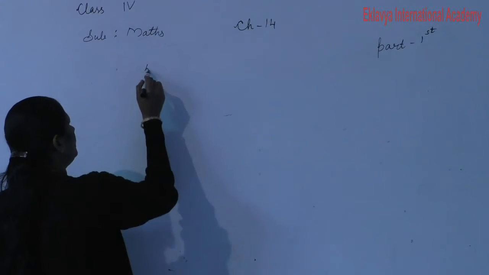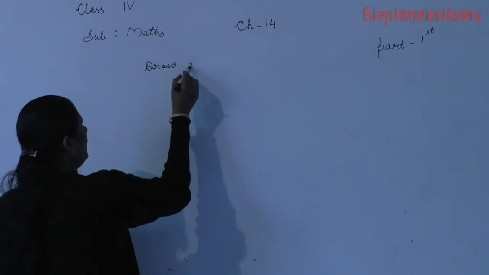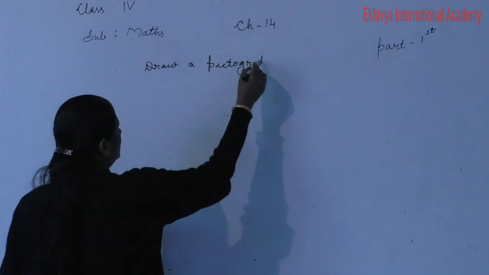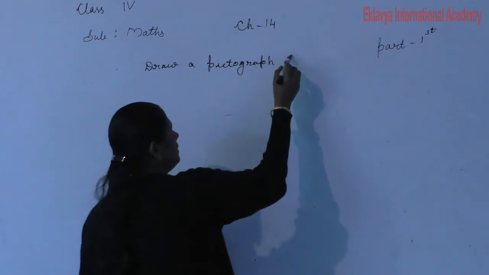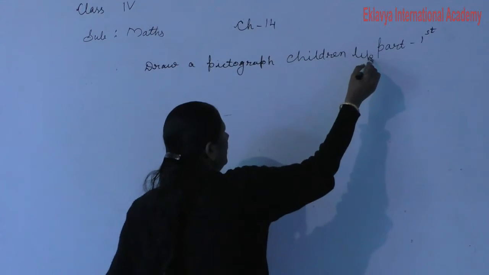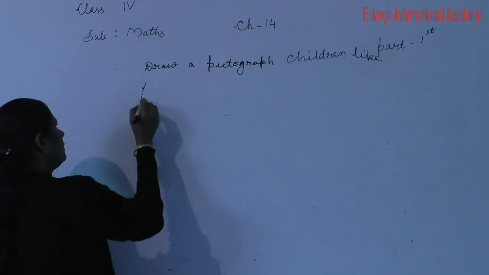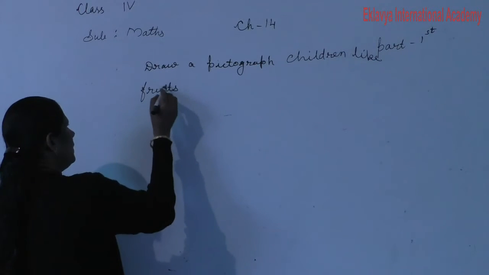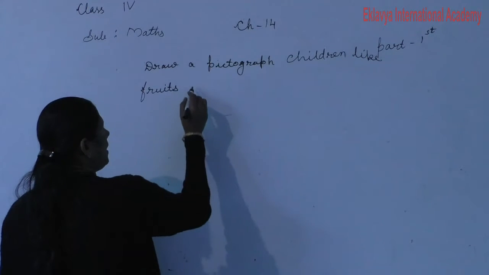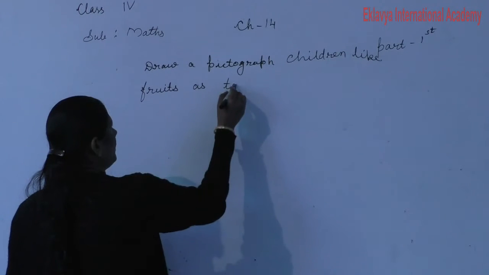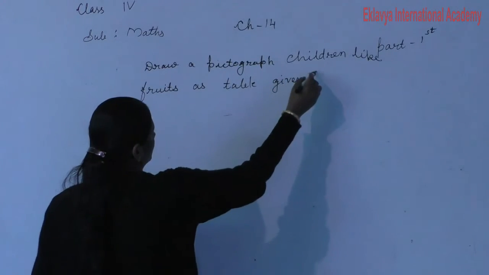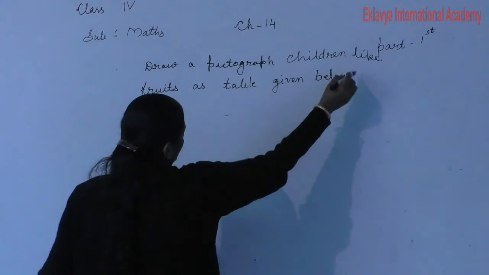Draw a pictograph. Children like fruits, as given in the table below.